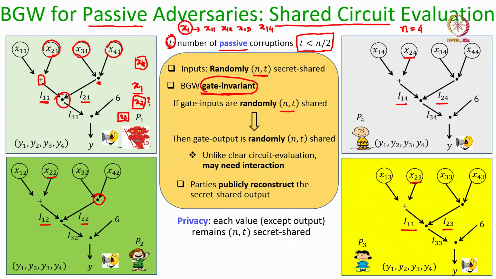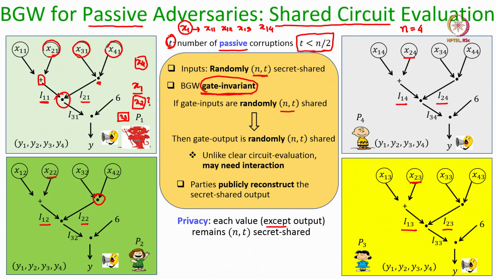Now, intuitively this protocol maintains the privacy property even if T out of the n parties get corrupt, because throughout the interaction each value except the output value y remains secret shared in a T out of n secret shared fashion.